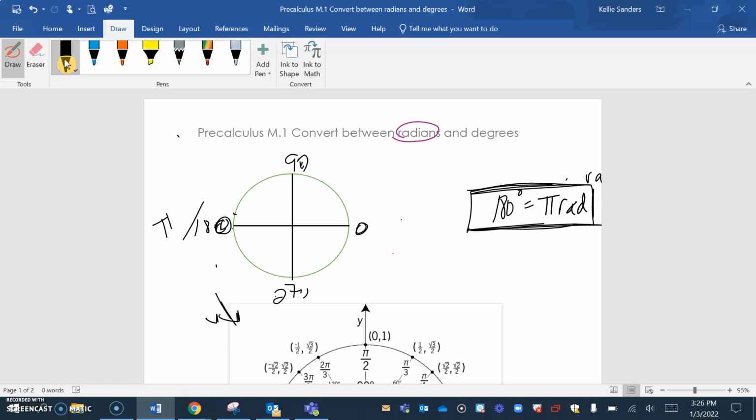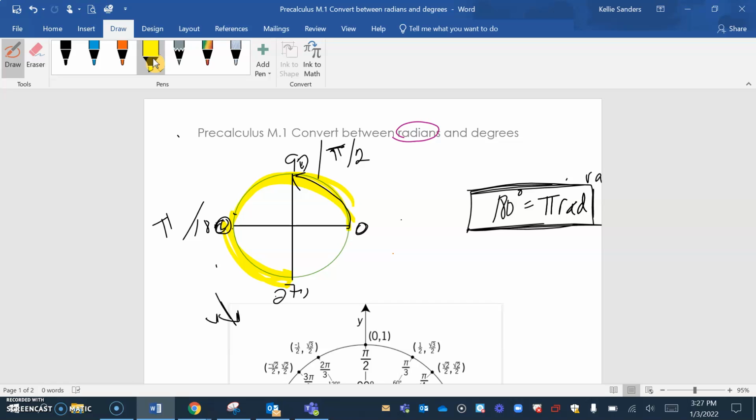So if 180 degrees is the same thing as pi, then if I only went 90 degrees, that would be half of pi, right? So pi over 2. But if I went from 0 through 90 to 180 to 270, I've gone my pi and then half of another one.